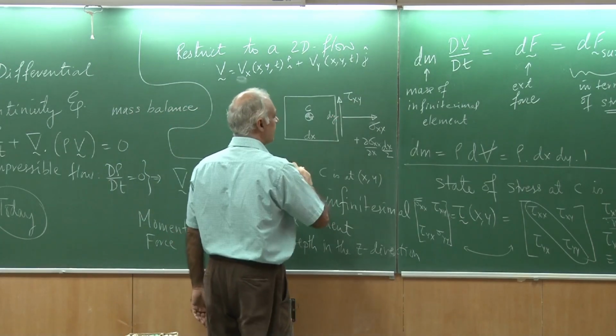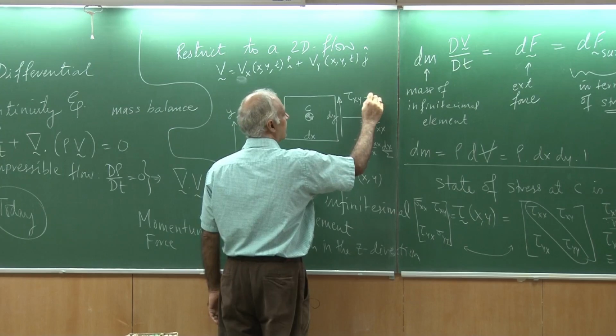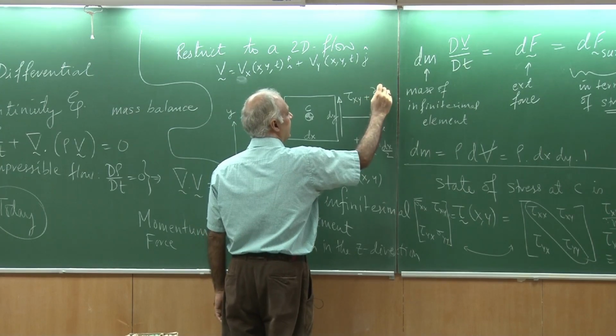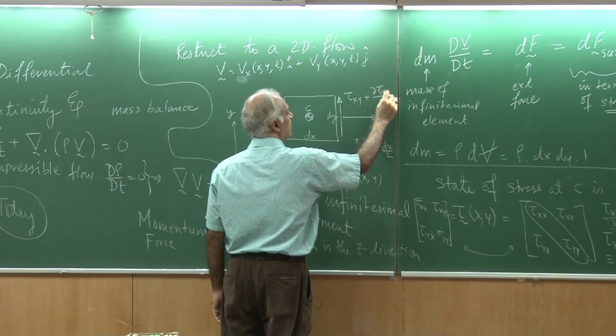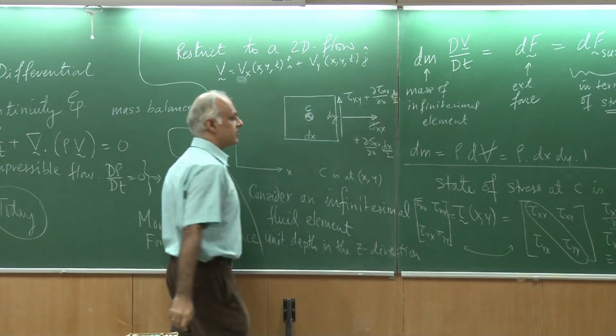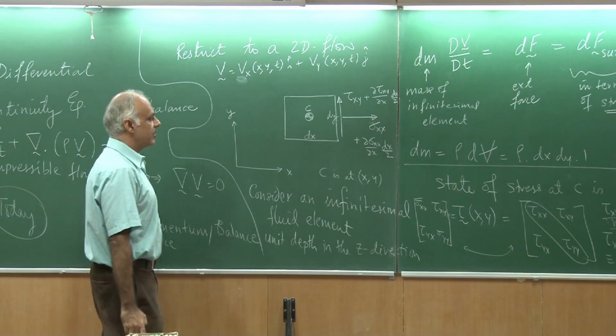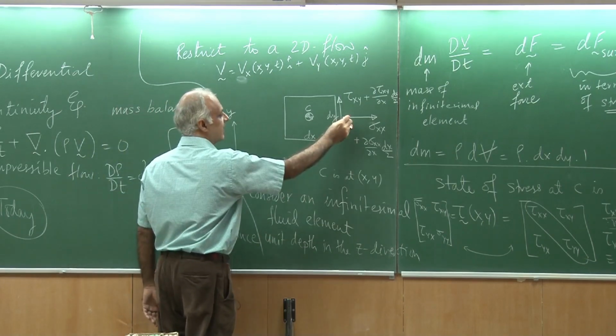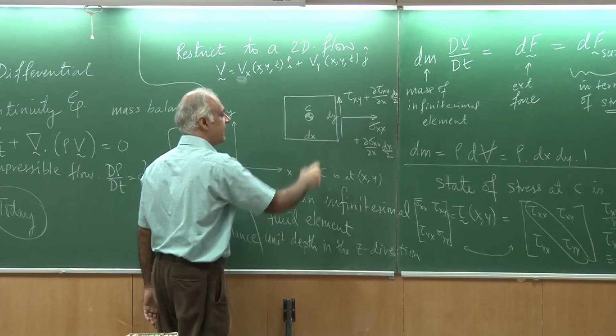Similarly, the tau xy is going to be tau xy plus del tau xy by del x times dx by 2. So, that is the stress that I would see on this face.